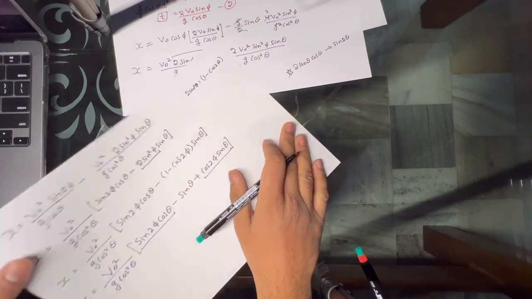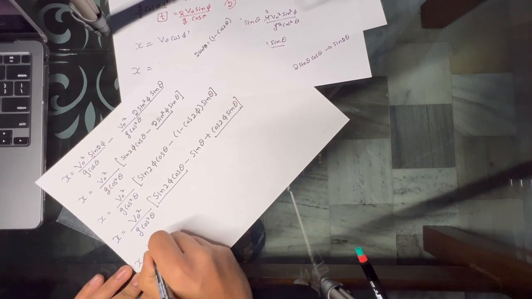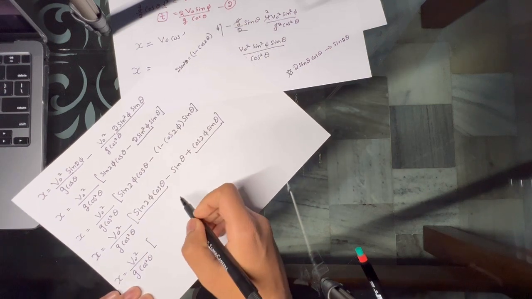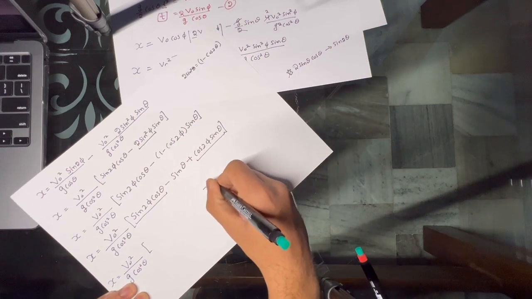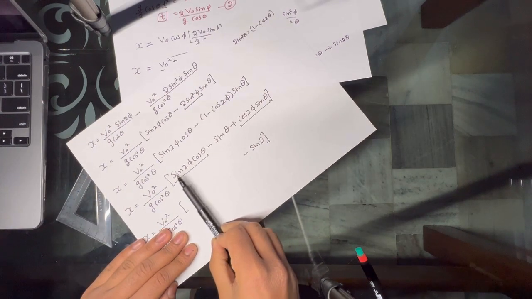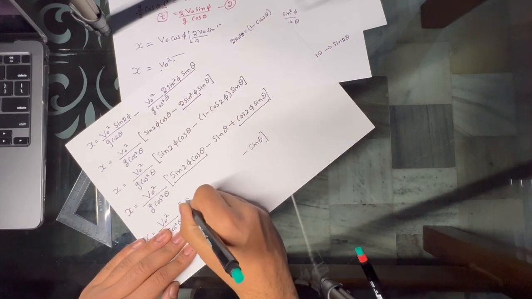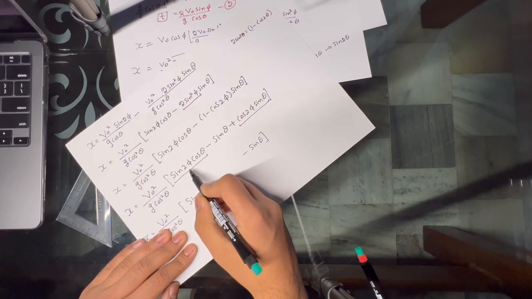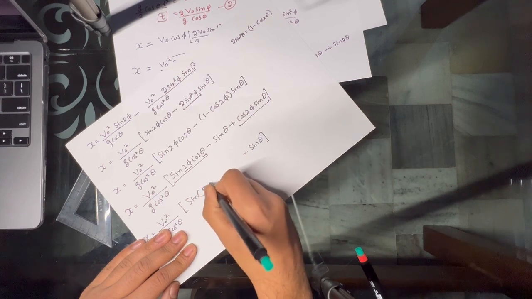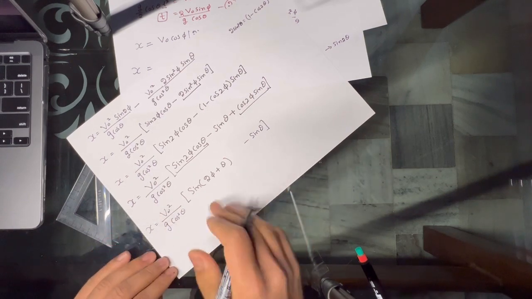It becomes x equal to v naught square upon g cos square theta, minus sine theta. So according to the math rule, if we have sine 2 phi cos theta plus cos 2 phi sine theta, it can be written as sine of the addition of both angles, sine of 2 phi plus theta. Okay, so that's our answer.